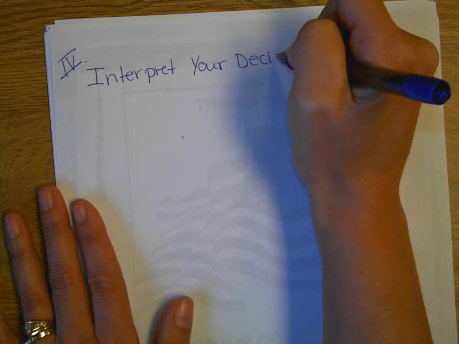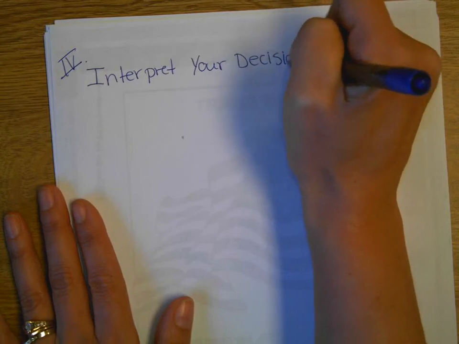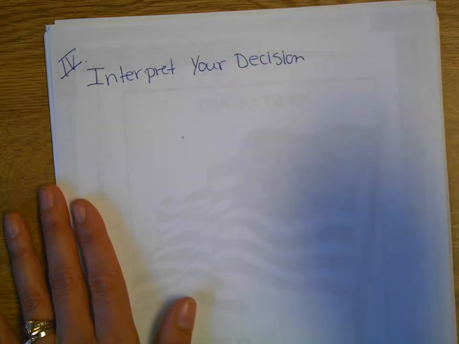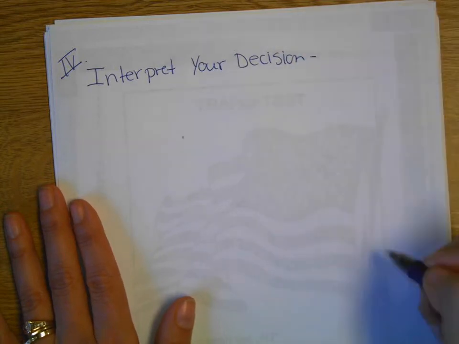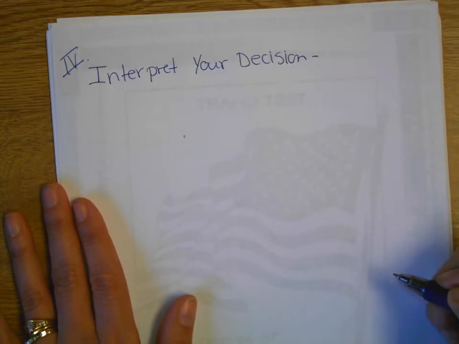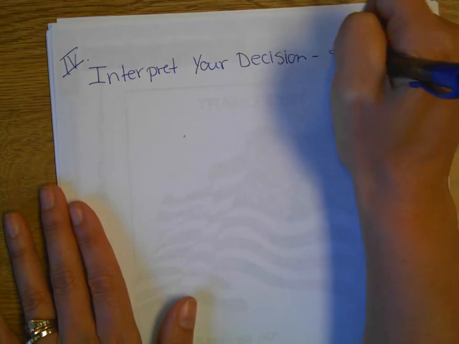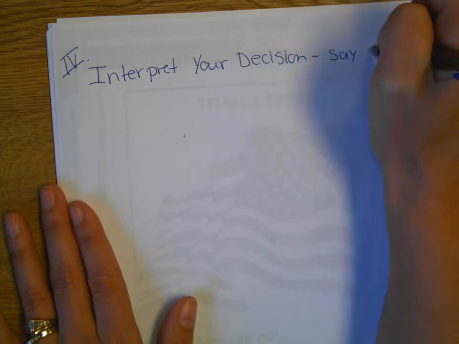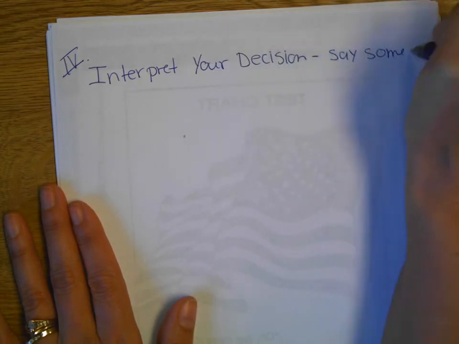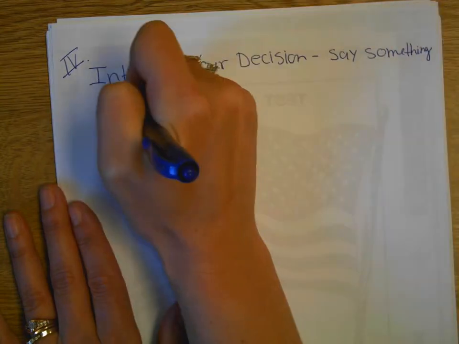Interpret your decision. How much room do we need at lunch? Quite a bit. Half a page. Here is where you want to say something about the claim that was being made.